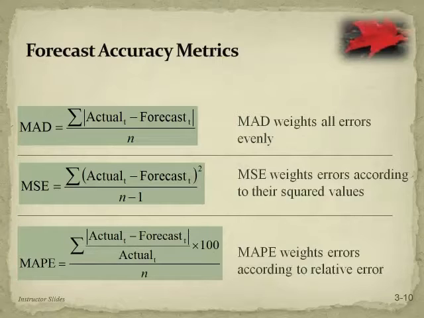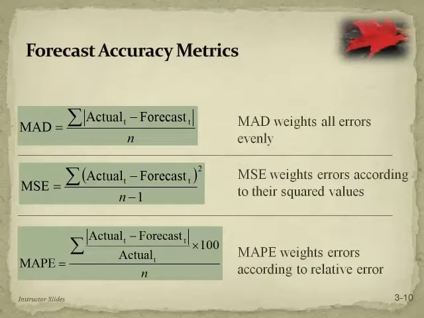So I'm going to be averaging something. I'm going to be averaging the absolute deviation, the absolute value of the error. The deviation is the error. So if you look at the numerator, what actually happened minus the forecast, that's the error, and I'm going to take the absolute value of each error, and I'm going to do this for a certain number of time periods.